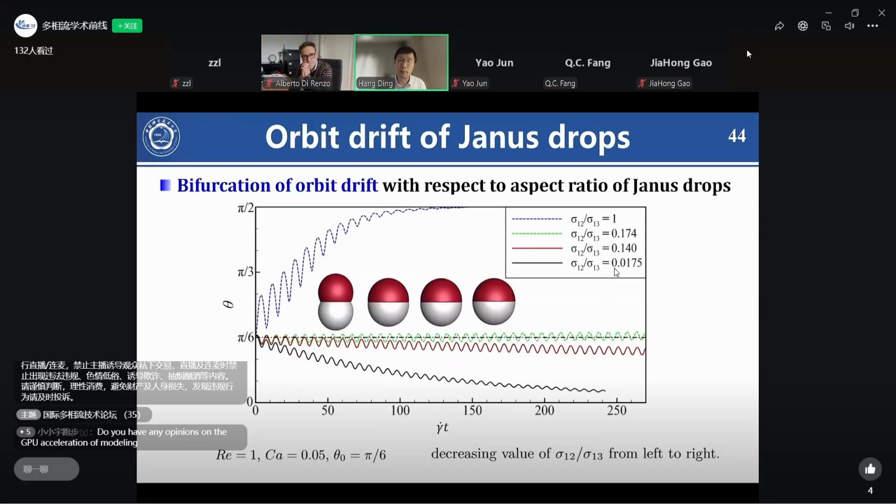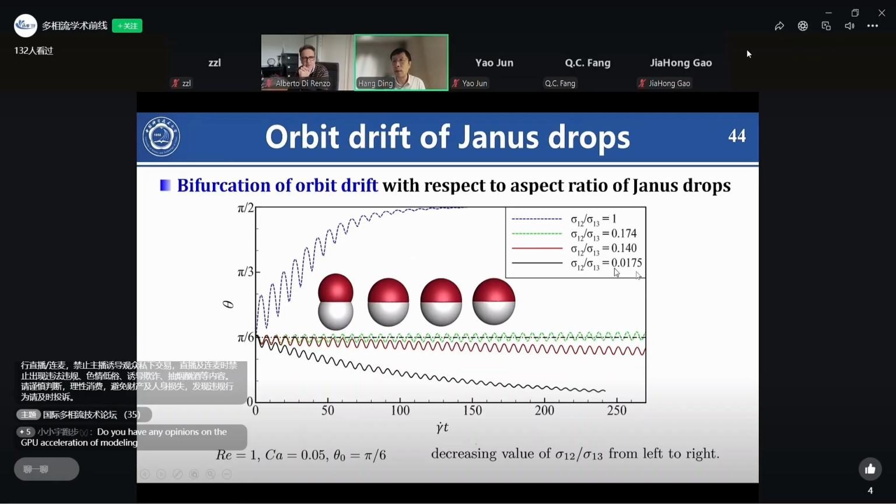So I show this bifurcation. For example, we have the same Reynolds and Capillary numbers and initial polar angle here, and what we change is only the surface tension difference. For this one, it's dumbbell shape. It will go up, increase, and oscillate until it reaches the orbit of zeta equals 90 degrees.